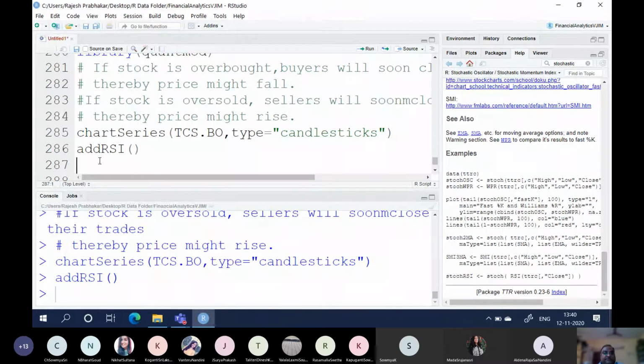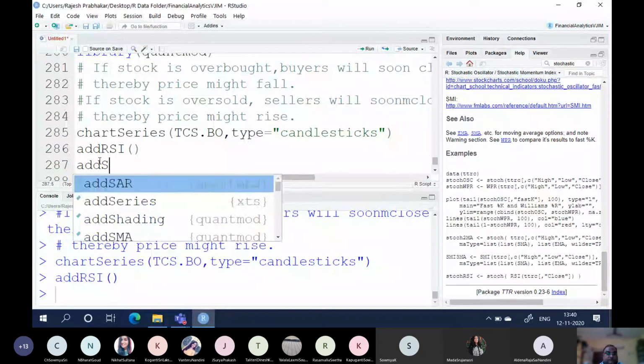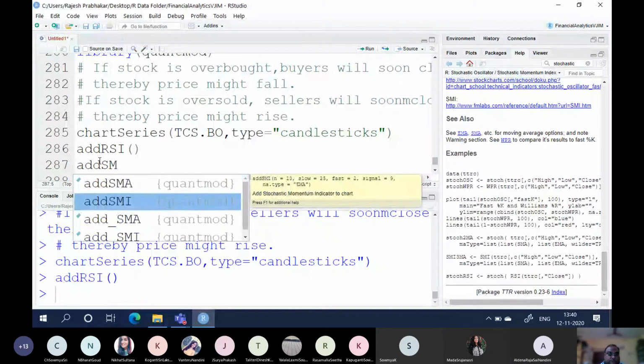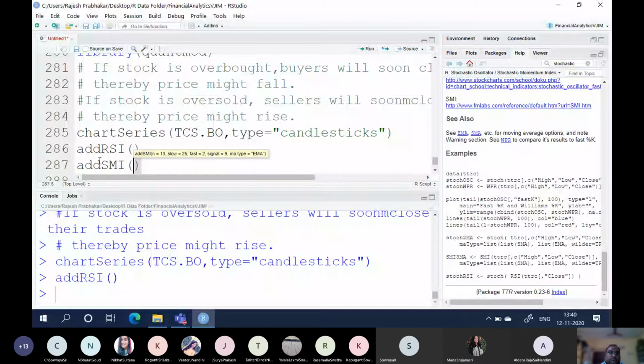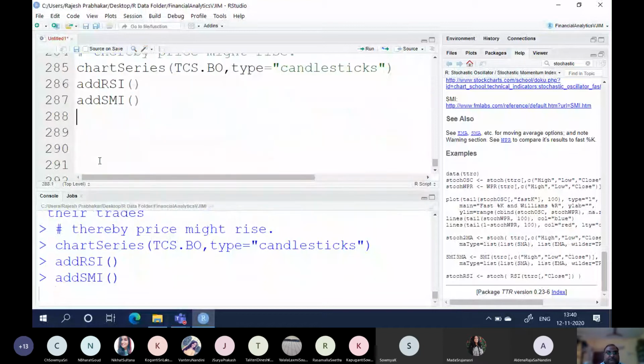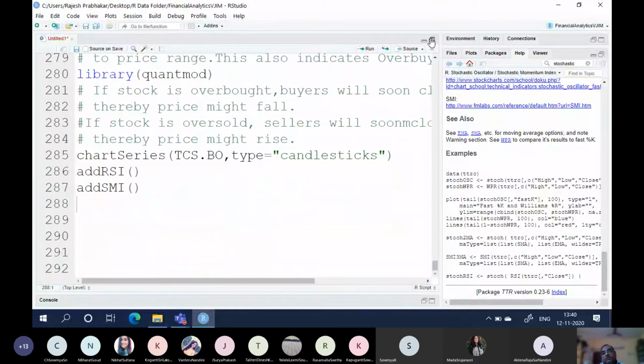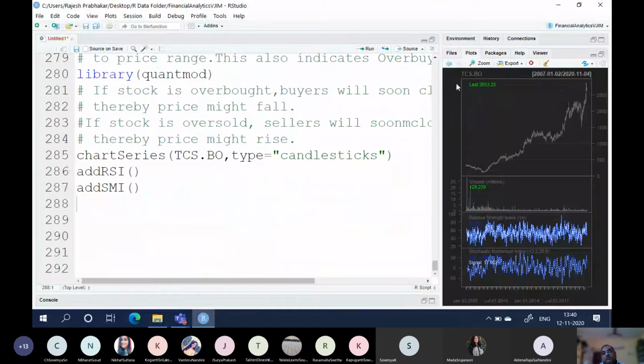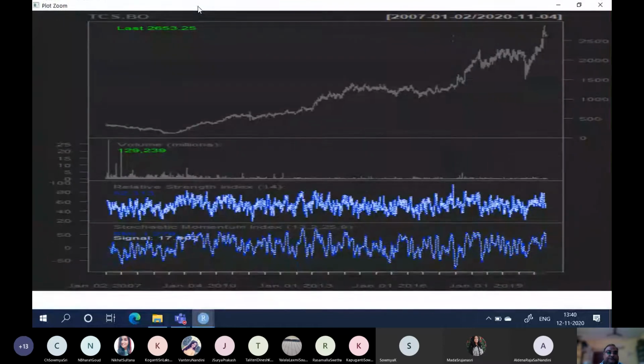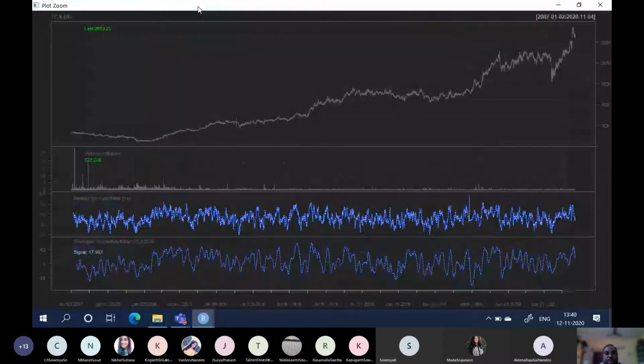Okay, it is add SMI. Add SMI. So you can see the chart. SMI and signal.